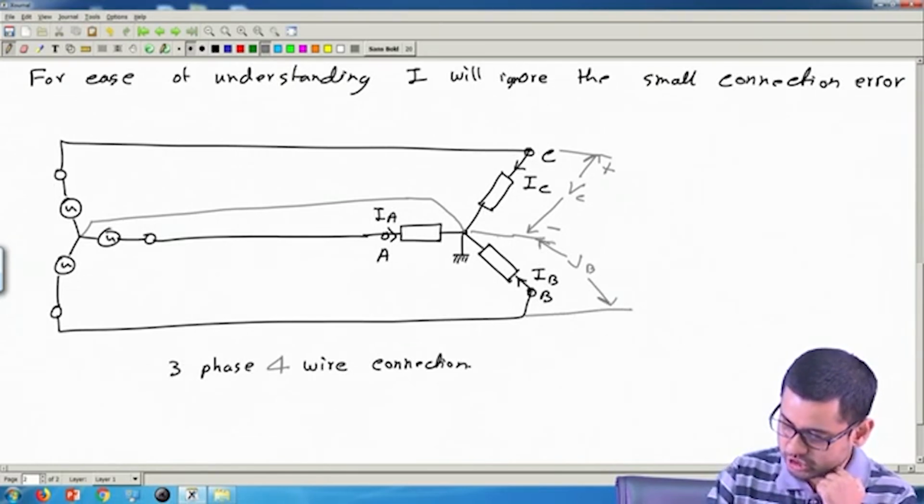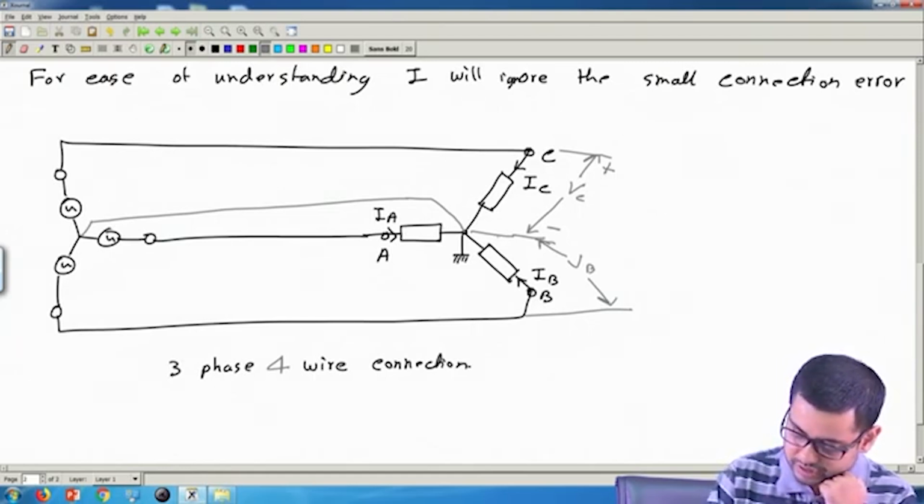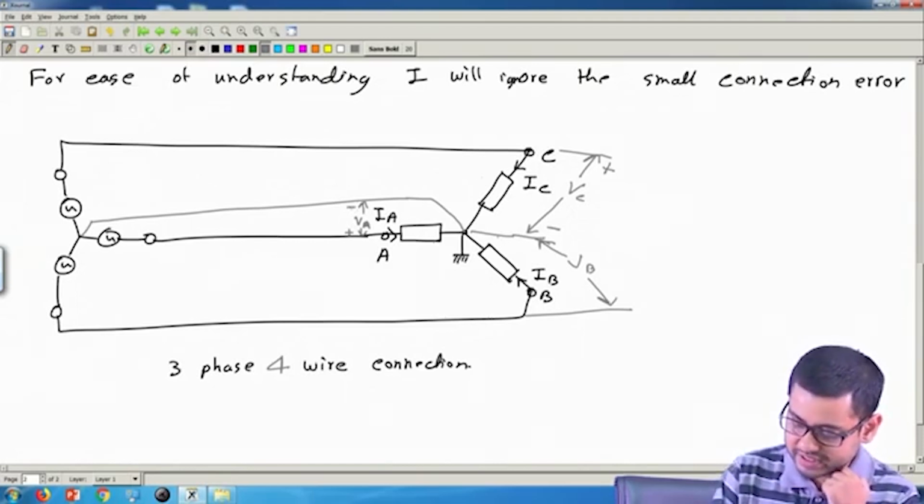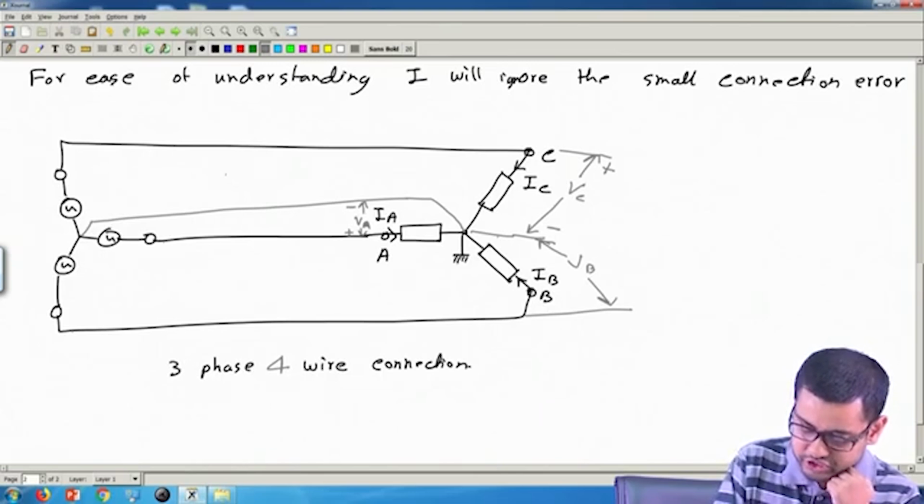Between the neutral and the B phase, and similarly we will have here Va between the neutral and the live phase A. This is plus side, this is the reference minus side. Okay. So now to measure these three powers, I can use 3 wattmeters.